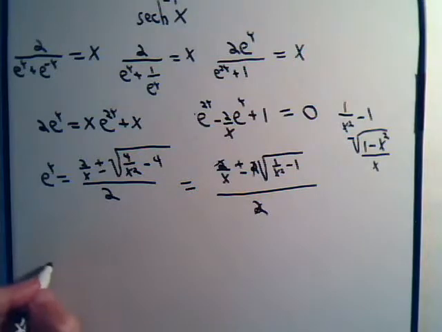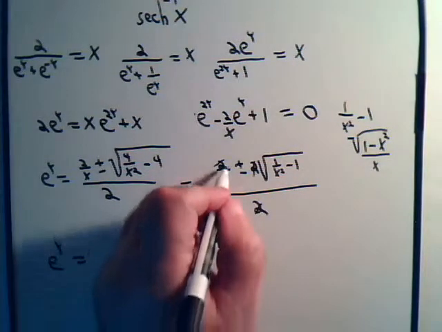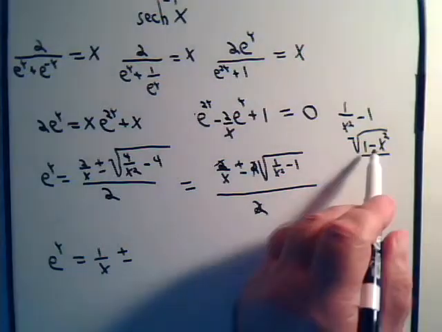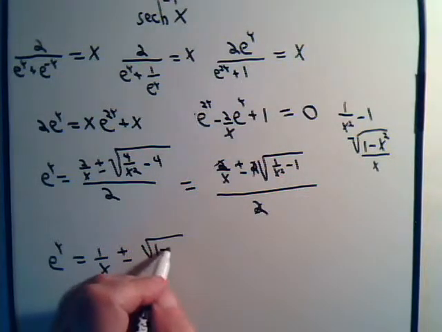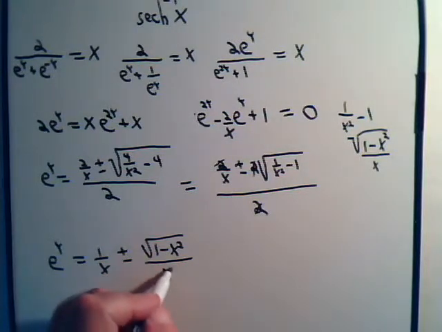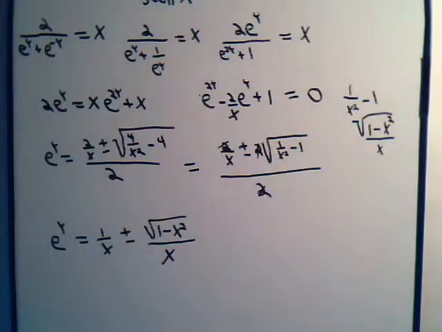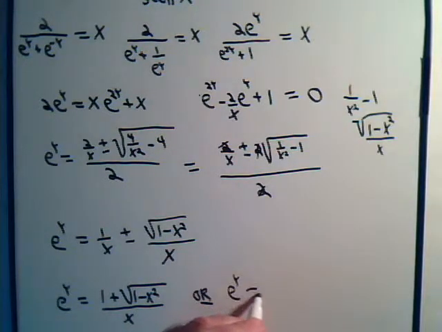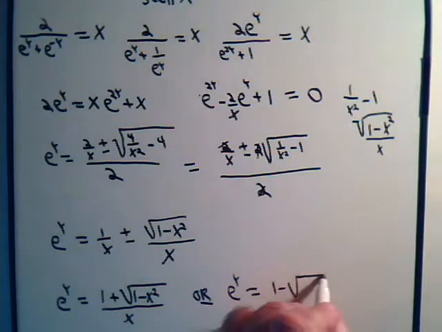So finally we can say e to the y equals 1 over x plus or minus the square root of 1 minus x squared divided by x, or e to the y equals 1 plus the square root of 1 minus x squared divided by x, or e to the y will equal 1 minus the square root of 1 minus x squared divided by x.